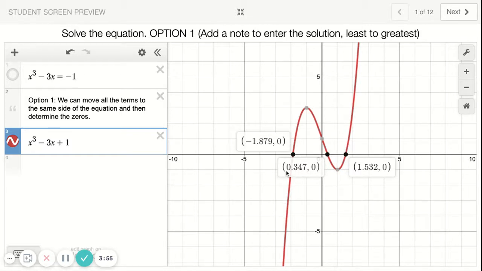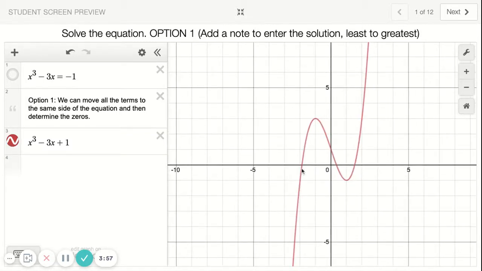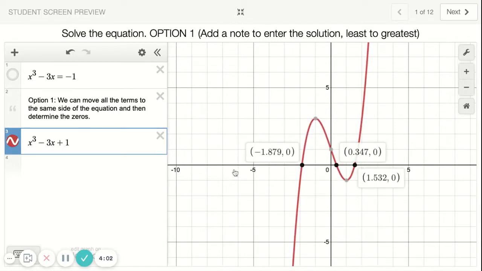So these are the 3 points. Let's scoot this graph over. Just the x-intercepts, and we're only interested in the x values. So -1.9, 0.3, and 1.5 are the answers.